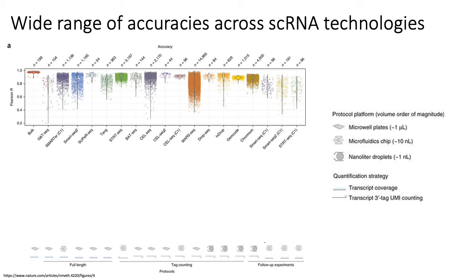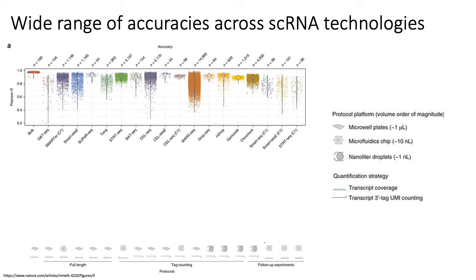This is as opposed to the variation being driven by, for example, technical factors that are not related to the underlying biology. Here you can see that there's a huge variation in accuracy, not only across the different single-cell RNA-seq methods, but also within a given protocol. Each point here represents a single cell.